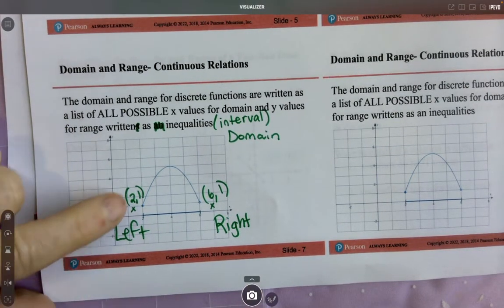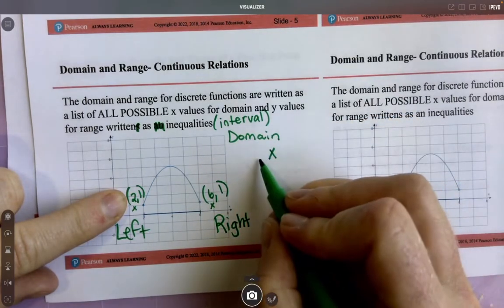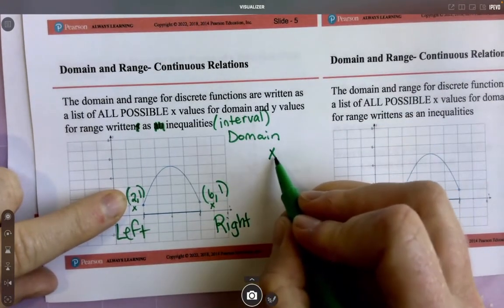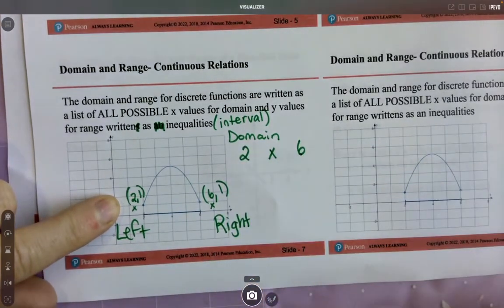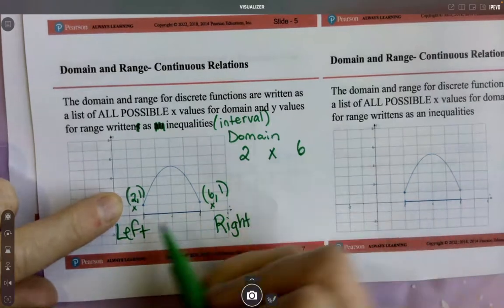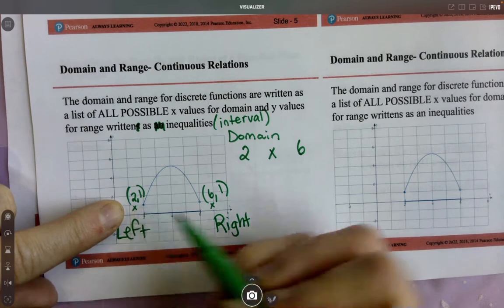So x will be between 2 and 6. I'm going to leave space for my inequalities on both sides of the x. So this is a closed circle. When we do inequalities and graph them on a number line, an open circle is just less than, and a closed circle is less than or equal to.